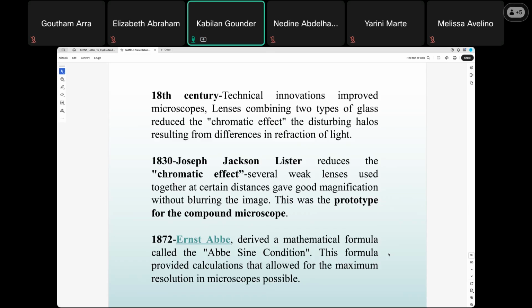Only then will you get clear images. So that's what he developed: he derived the formula for how to increase the magnification without compromising the resolution.